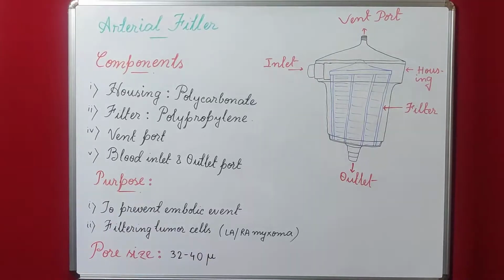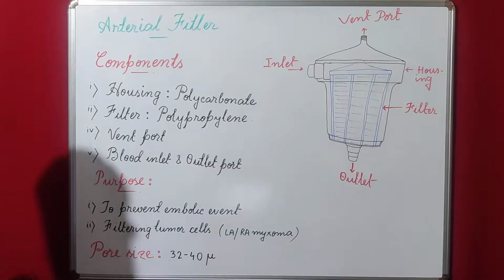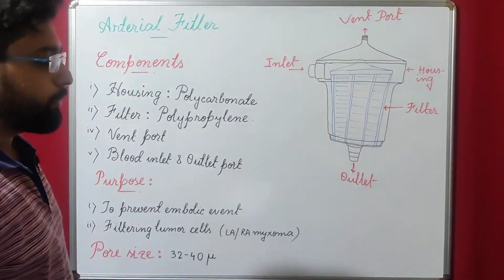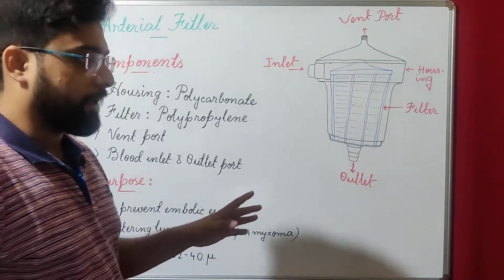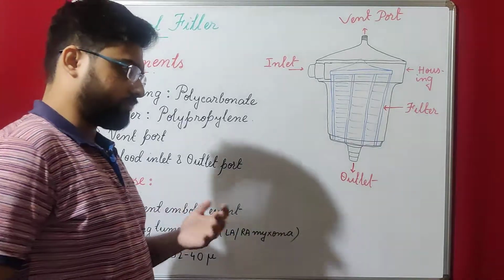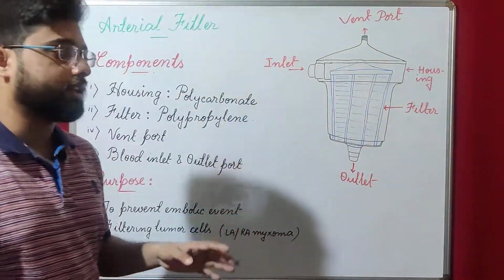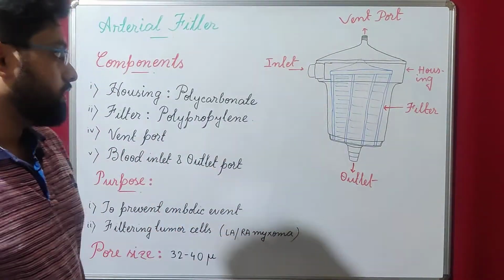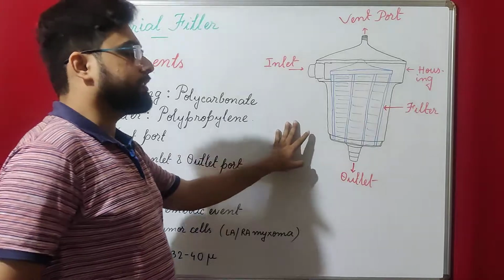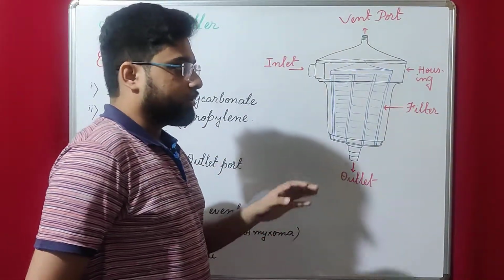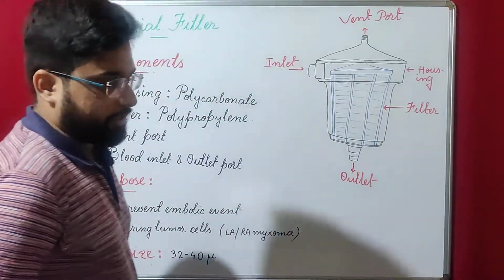Next is the purpose. The purpose is mainly to prevent embolic events. If any emboli by accident pass through the venous filter or cardiotomy filter and manage to escape those filters into the arterial circulation, then this is a preventive measure that will prevent the emboli from going to the patient.